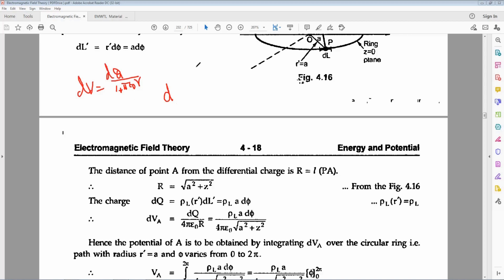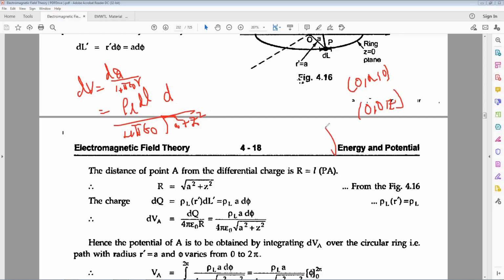That differential charge in terms of the line is rho L into dl by 4 pi epsilon naught, and R we got as square root of A square plus Z square, since the values are 0, A, 0 and another one is 0, 0, Z. You can take square root of 0 minus 0 whole square plus 0 minus A whole square, which is A square, plus Z minus 0 whole square, which is Z square.